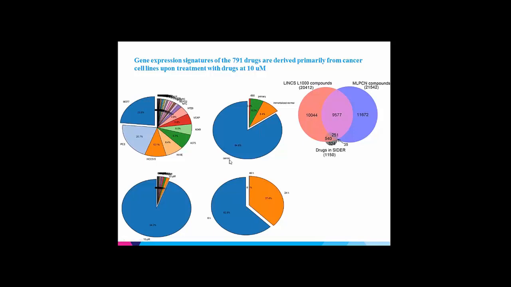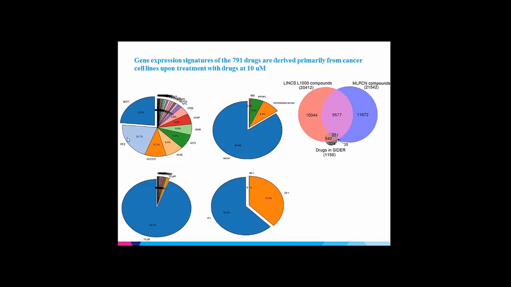And then we looked at where those gene expression signatures came from for those drugs. So here I have those pie charts showing the portions of those gene expressions that they stem from.